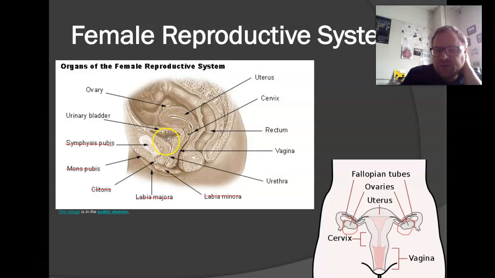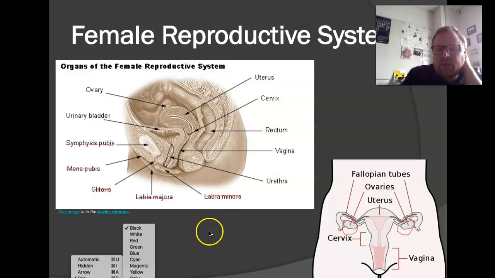In the female system, the urethra is separate. It's this structure right here, this little passageway that leads from the bladder. It is not connected or associated with the passage of the fetus when it's being delivered, or with eggs or anything like that.